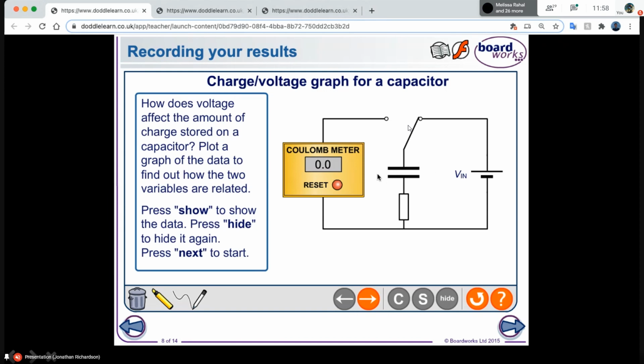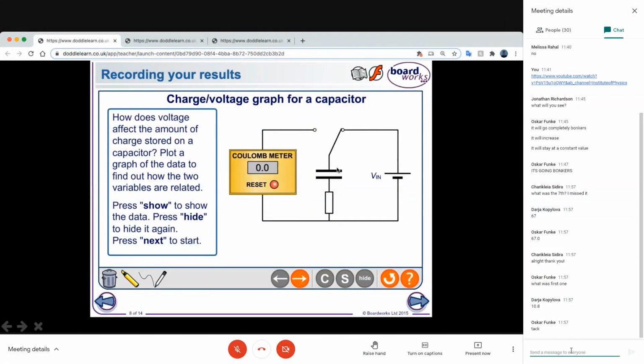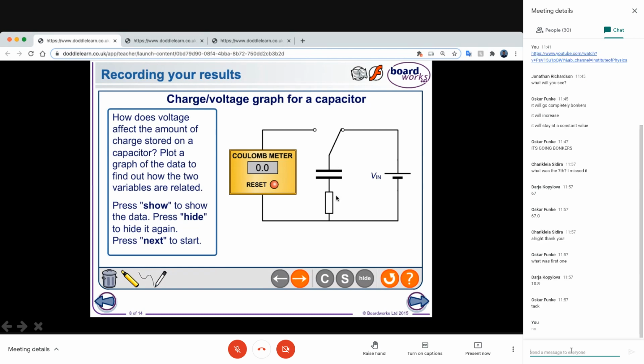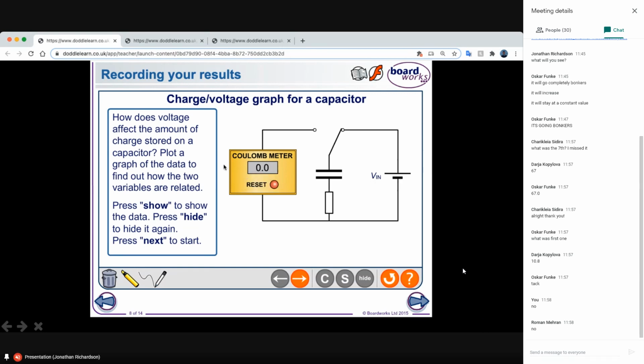What happened to the value of the capacitor? Did we change the capacitor at all? Anybody? No. It stayed the same. So when we increased the voltage, we saw a change in the charge on this meter. So we kept the capacitor constant and increased the voltage.